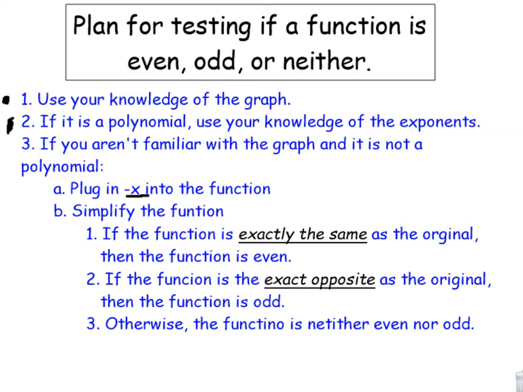Once you simplify it, if the function is exactly the same as the original, it's an even function. After simplifying, if it's the opposite of the original, then it's an odd function. And if it doesn't fit either of those, then it's not even or odd. So what we're going to do now is look at several examples, just to determine if it's even, odd, or neither.